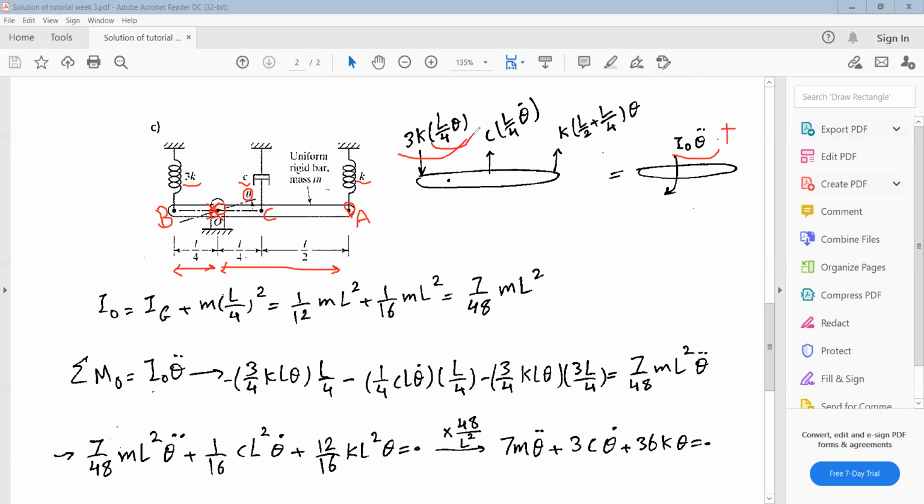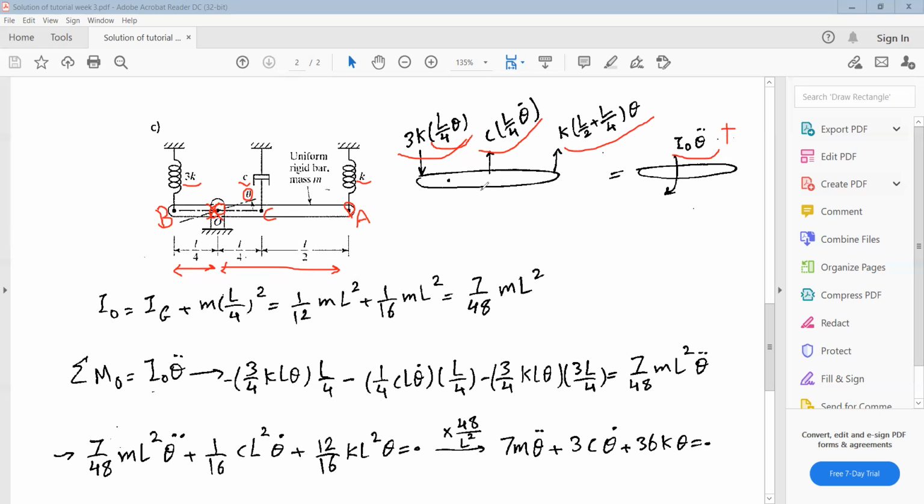This is the displacement of point B. The force due to the damper is C times the velocity of point C. The displacement of point C is L over 4 times theta, so the velocity is L over 4 times theta dot. And finally, the force due to the spring with stiffness K times the displacement of point A, which is L over 4 plus L over 2 times theta.